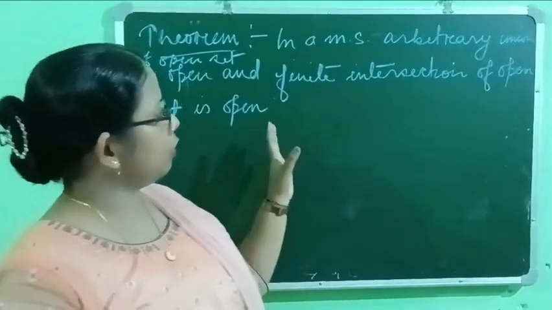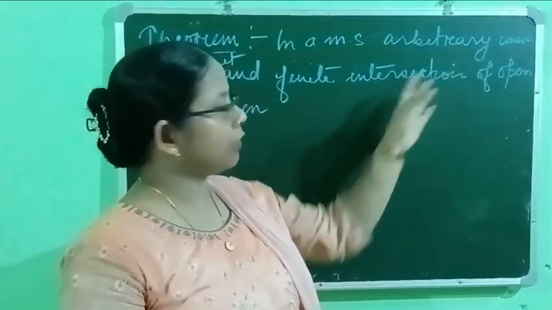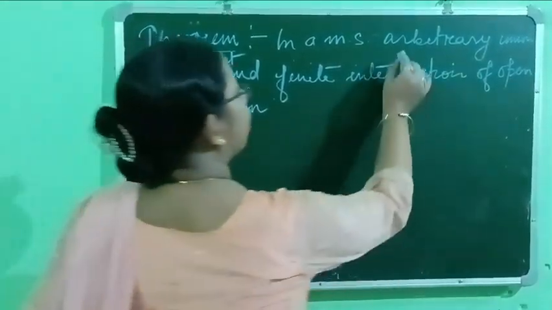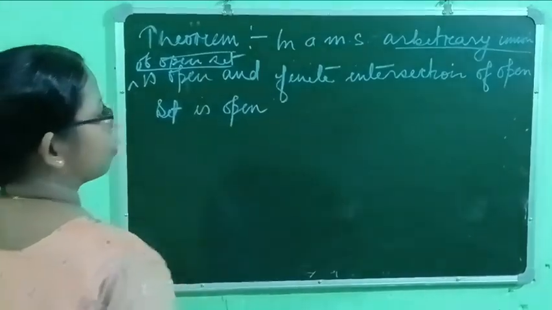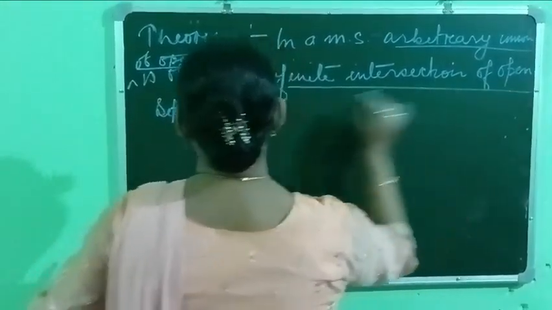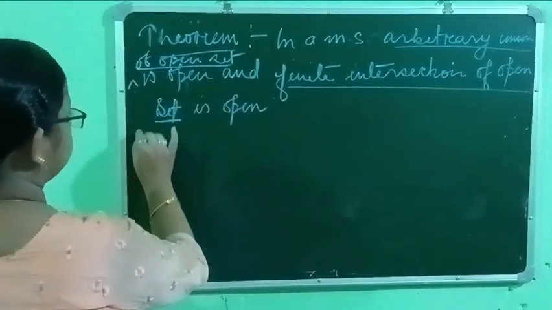In the statement of the theorem, it was asked to prove that arbitrary union of open sets is open and finite intersection of open sets is open.